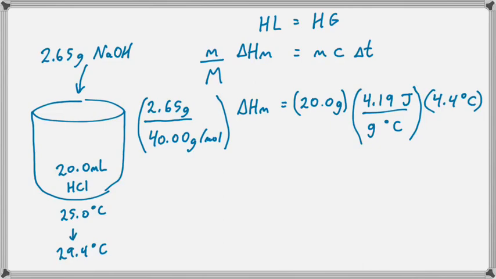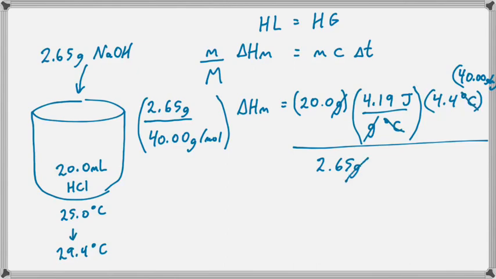So to move things around, I need to move the 2.65. It's going to go down here, grams, and up here, I'm going to add in the 40.00 grams per mole. A little crowded, but hopefully you get the idea. So if we look at these values here, this gram is going to cancel with that gram, degrees Celsius with this, the grams on the bottom here with the 40 grams per mole, and I'm going to be left with joules per mole as my answer.